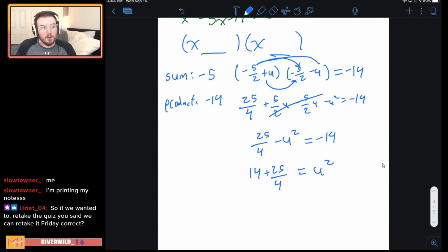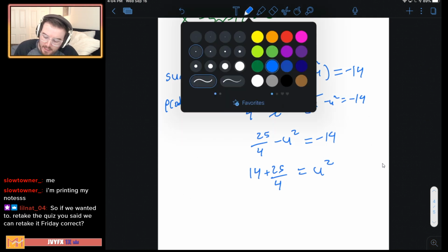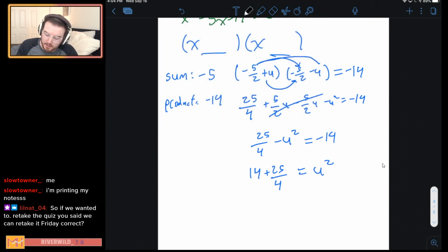This is a skill that maybe we don't all have in our back pocket, but it is something we learned in 4th and 5th grade, and that's adding fractions together. So 25 fourths plus 14. I just need to get a common denominator. So I multiply by 4 over 4 to get a common denominator.